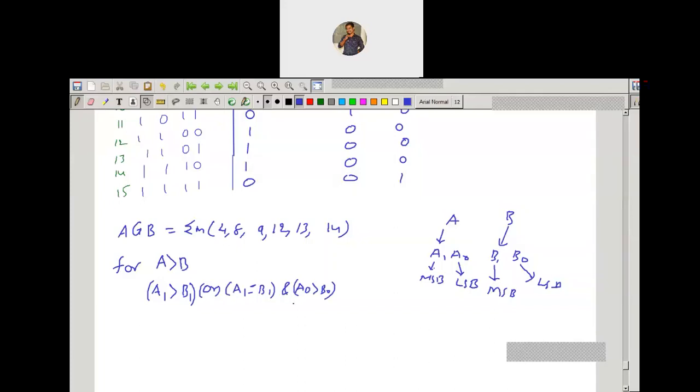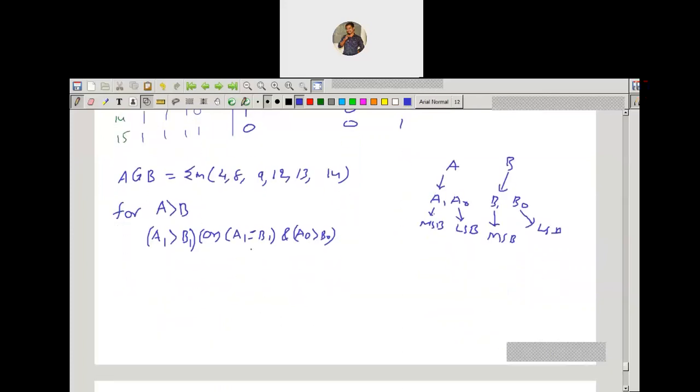For example, for the first combination, A1 more than B1, you can take this possibility. A1 is equal to B1 means the possibilities are 0 0 and 1 0. This is A1, A naught, B1, B naught.